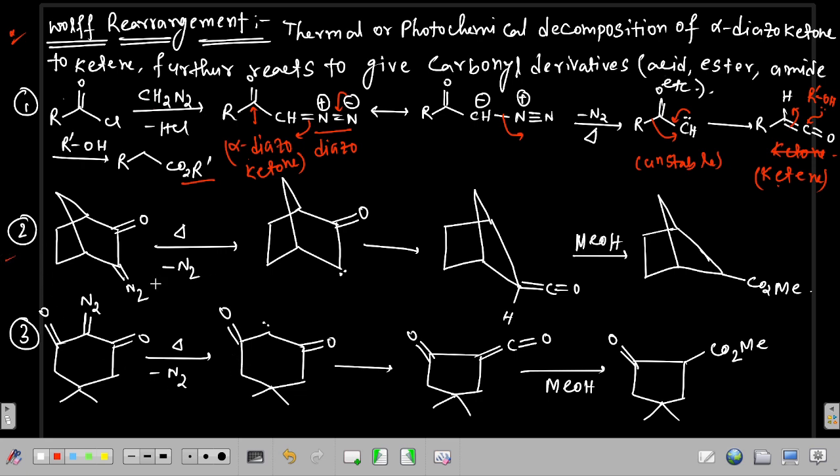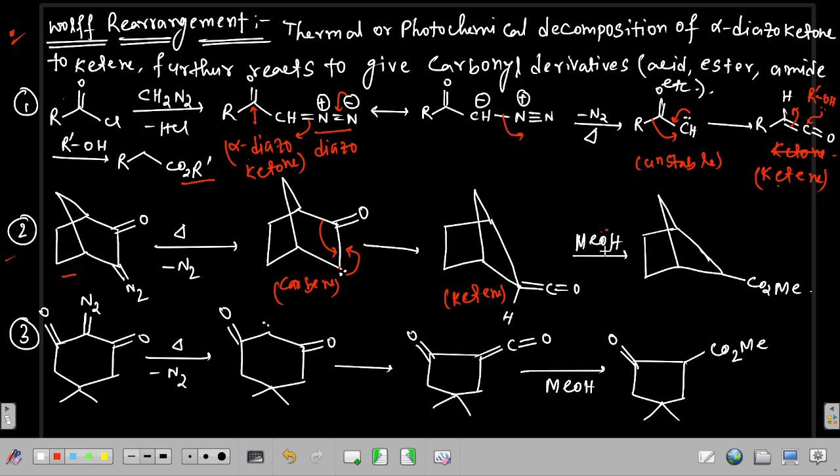you see, this is also another type of alpha diazo ketone. So in presence of thermal condition, it will undergo removal of nitrogen, so it will give this carbene. Now this carbene undergoes rearrangement to the ketene, so this lone pair will shift to here, and this bond will shift to this carbon, so it will form this ketene.